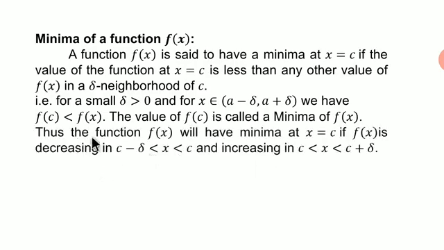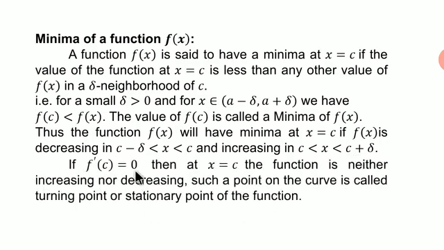Okay, thus the function f of x will have minima at x is equal to c if f of x is decreasing in c minus delta less than x less than c and increasing in c less than x less than c plus delta.